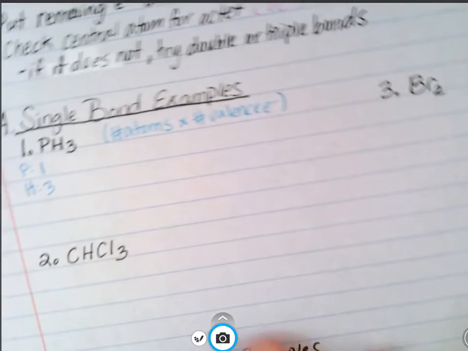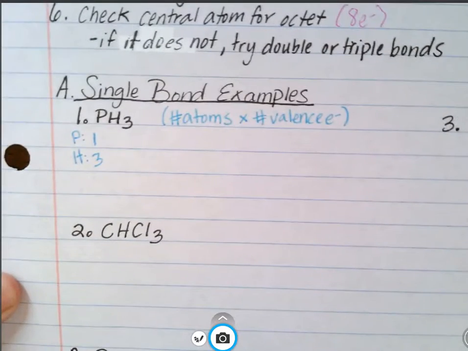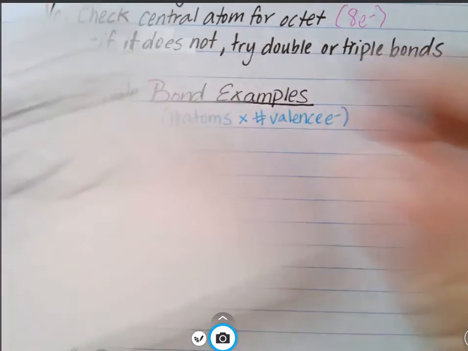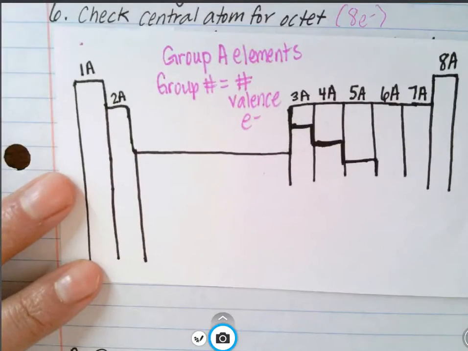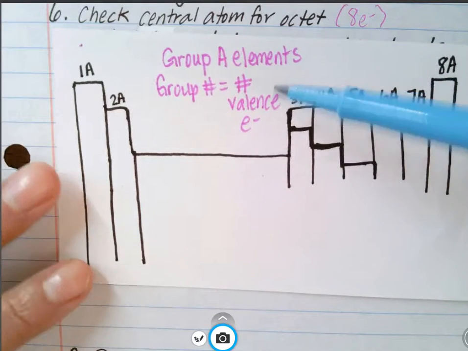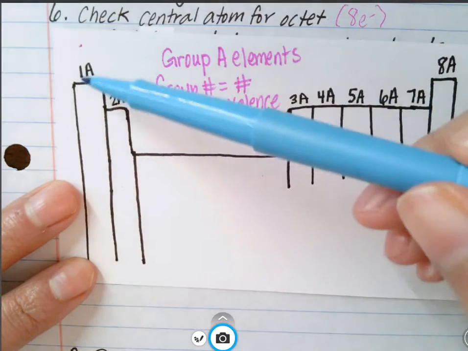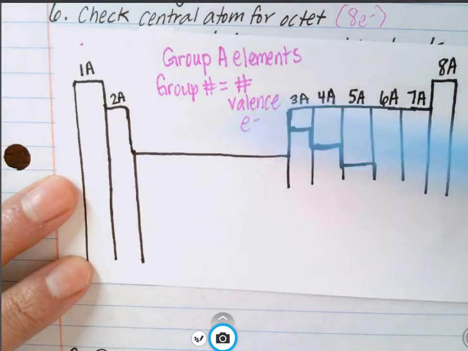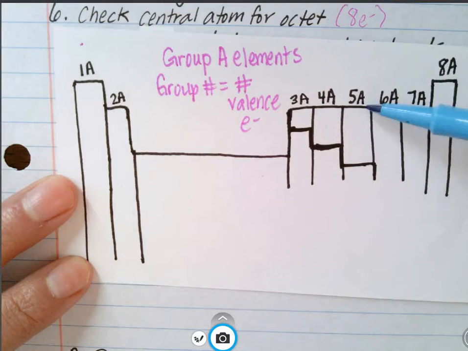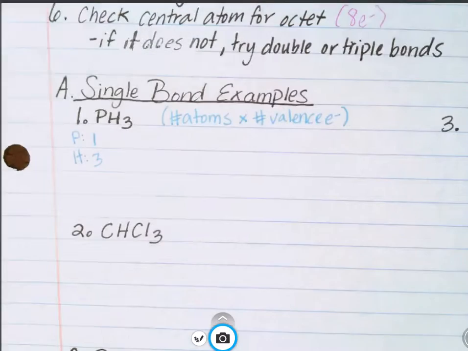Now, let's figure out the valence electrons. So I want to remind you that in order to do valence electrons, we look at group numbers. For the group A elements, all you have to do is look at the group number. So if it's under group 1A, it has 1 valence electron. If it was under 5A, it would have 5 valence electrons, and so on. So this only works for group A elements.